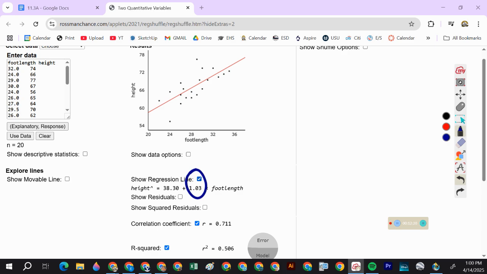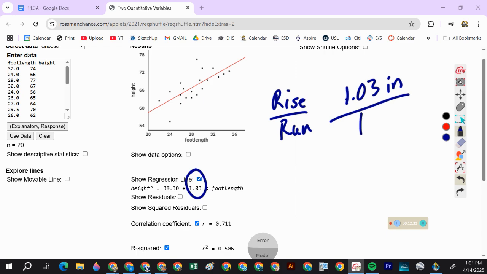So let's say rise over run, and so I'm going to put 1.03 inches over 1 centimeter. So what does that tell us?